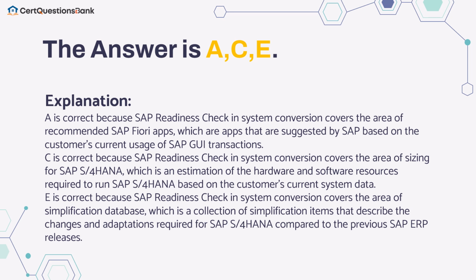E is correct because it covers the area of simplification database, which is a collection of simplification items that describe the changes and adaptations required for SAP S/4HANA compared to the previous SAP ERP releases.